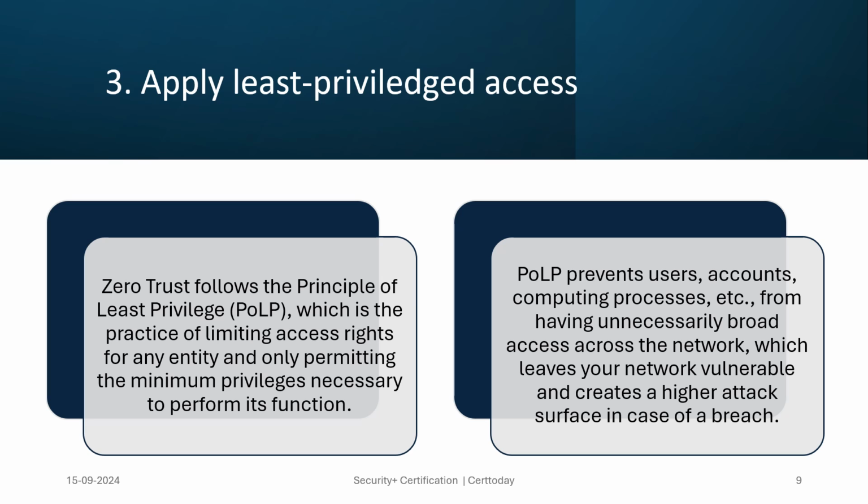So authorization is important. The principle of least privilege prevents users, accounts, computing processes, applications, etc., from having unnecessarily broad access across a network, which leaves your network vulnerable and creates a higher attack surface in case of a breach.